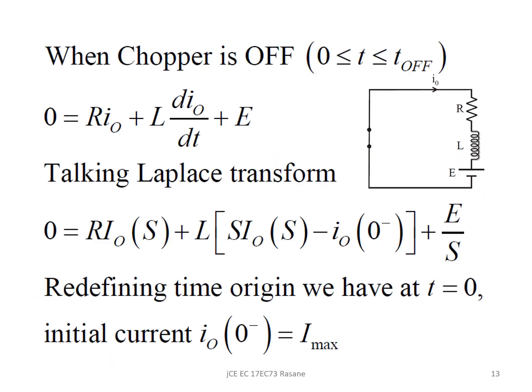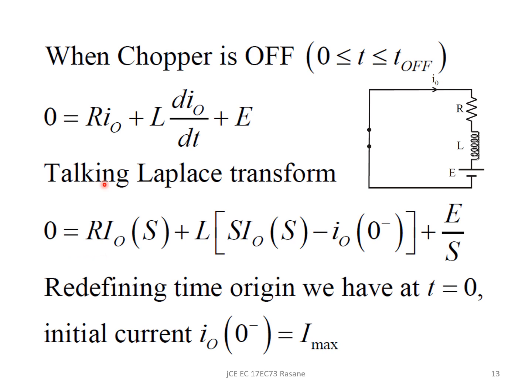So when the chopper is off, that is during T off, we get an expression. Now we have to write the KVL expression for this particular circuit. There is no input; the input is 0. So this is 0 equal to R into I naught plus L di naught by dt plus E. Again I take the Laplace transform like previously.